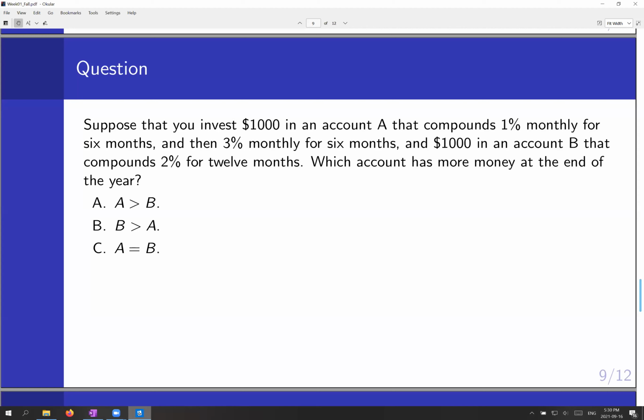Okay, let's try this one. Okay, and for the record, everyone, you will need a calculator for this question.